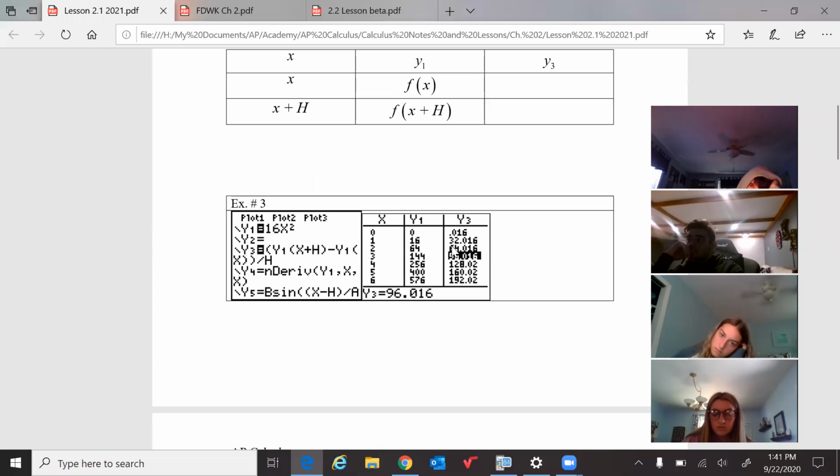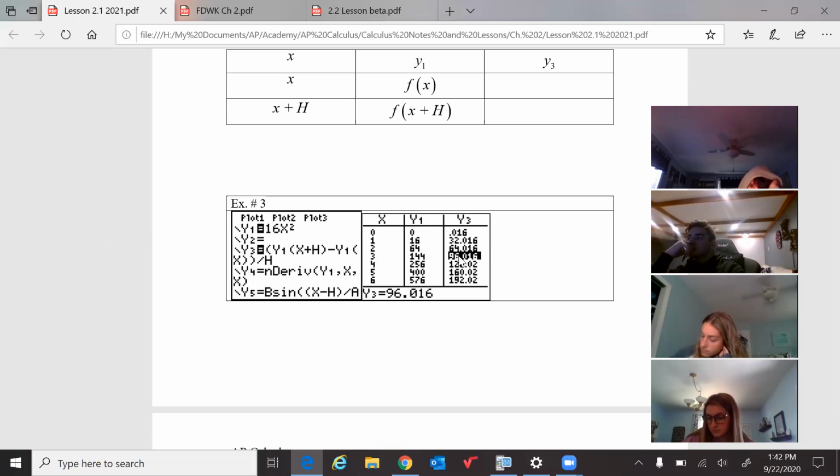Its velocity was 64 feet per second, which, like I said, was misleading. When we get to time 3, the rock has fallen 144 feet, and its velocity is 96 feet per second.